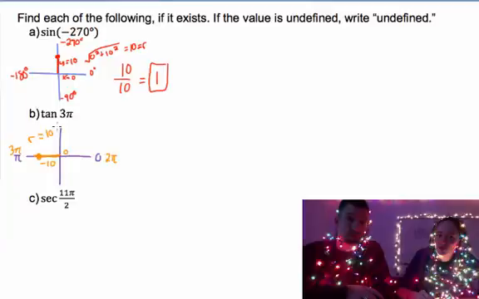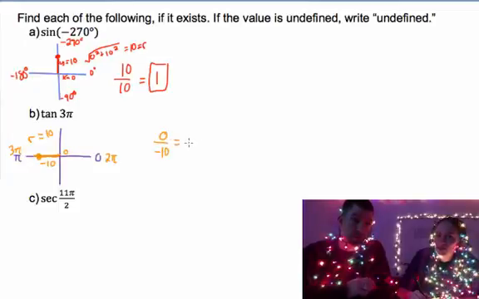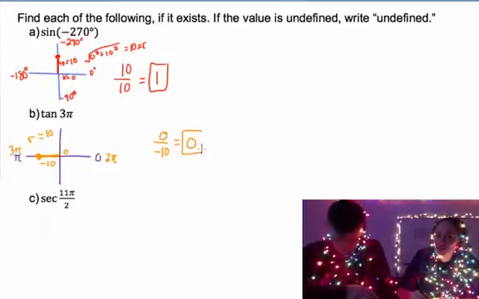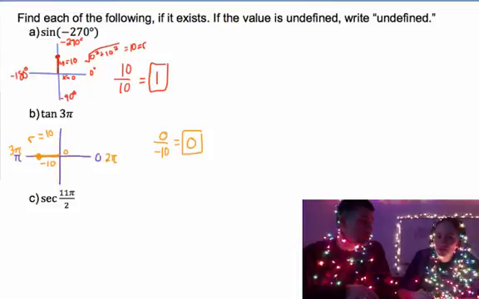Tangent is y over x. Our y is 0, our x is negative 10. 0 divided by negative 10 is 0. So tangent of 3 pi is 0.